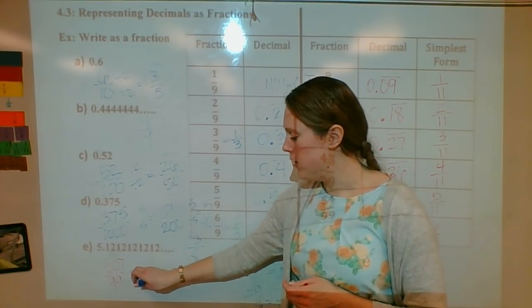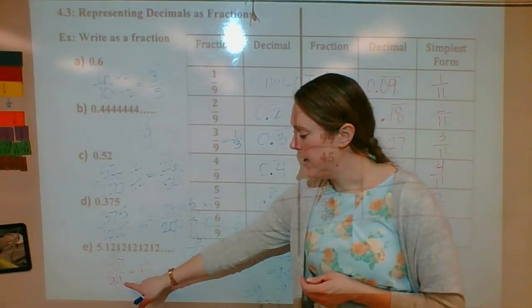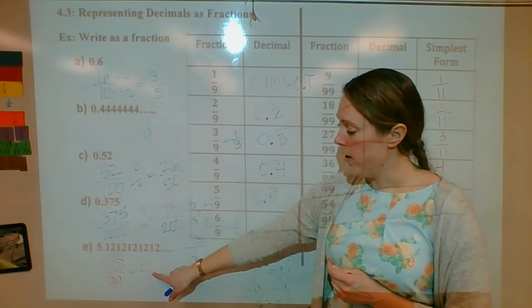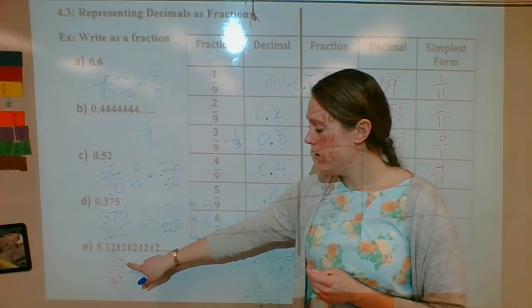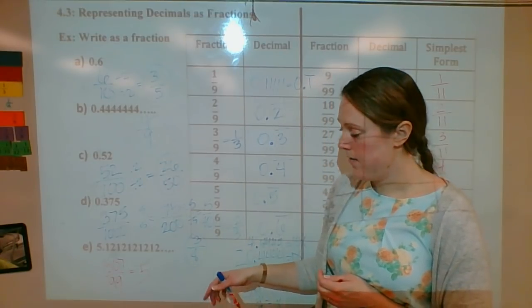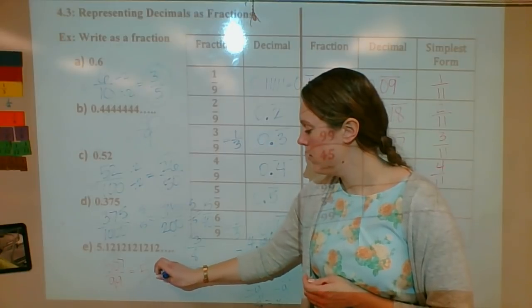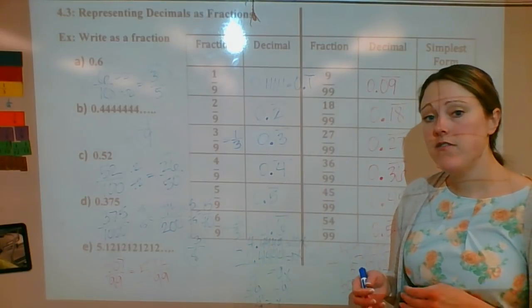If I change it to a mixed number, I should be able to get 5 whole numbers. If I take 99 times 5, right, I'll be left with something pretty big. But when I subtract that from 507, 507 minus my 495 should leave me with 12 left on top. So notice it still follows that same pattern.